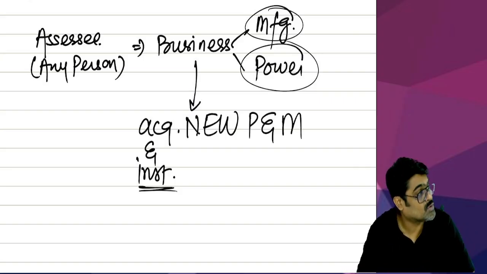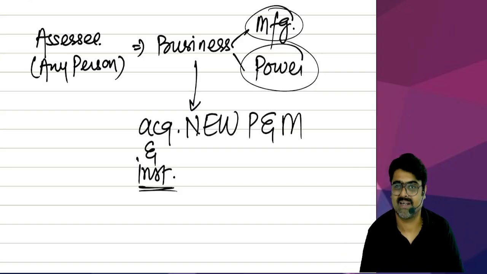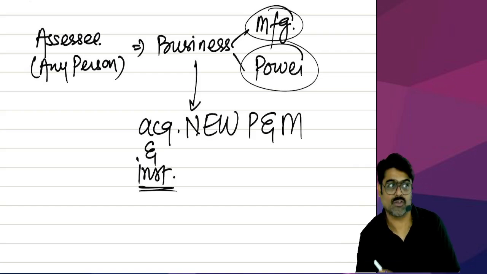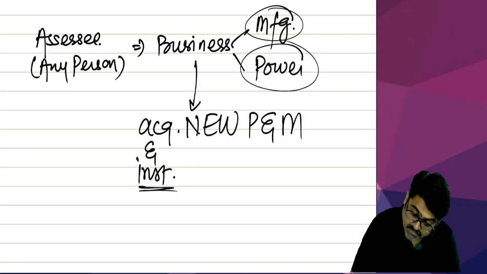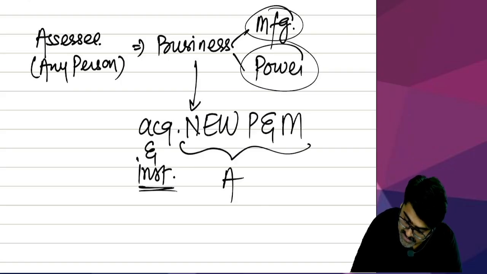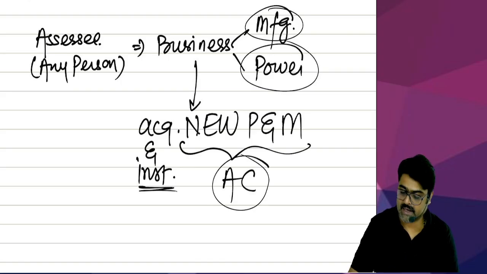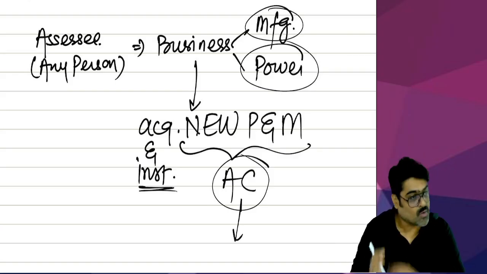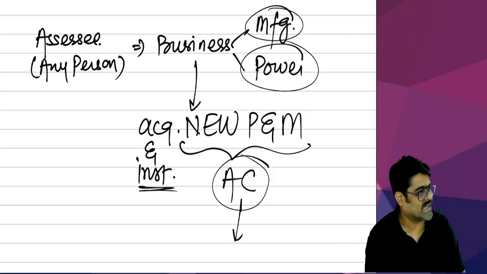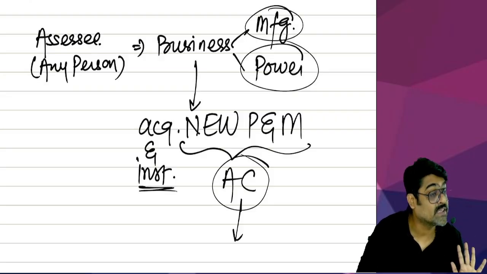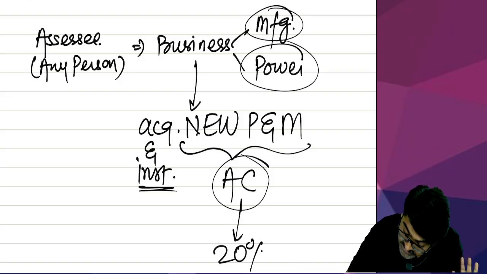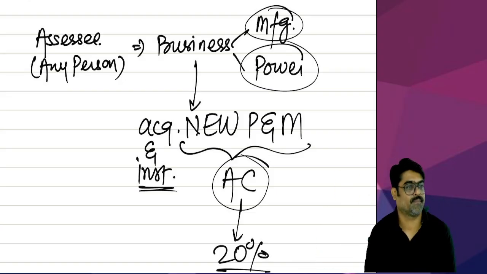Machine should be actually used for that purpose. Understanding? And that machine should be new plant and machinery. Then whatever will be the actual cost of this plant and machinery, on that you are going to get normal depreciation for the first year? Yes or no? Along with that normal depreciation, take 20% extra depreciation in this year only.